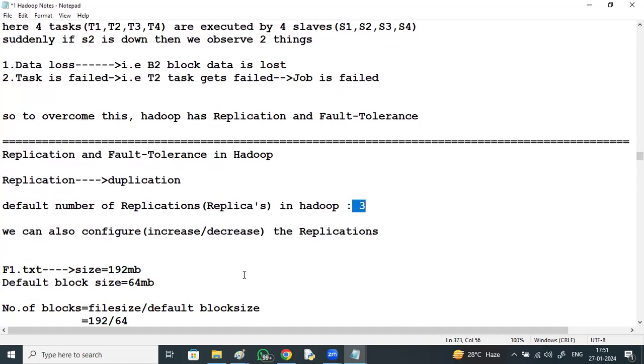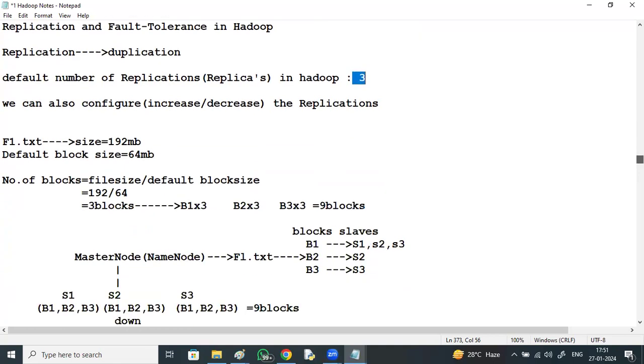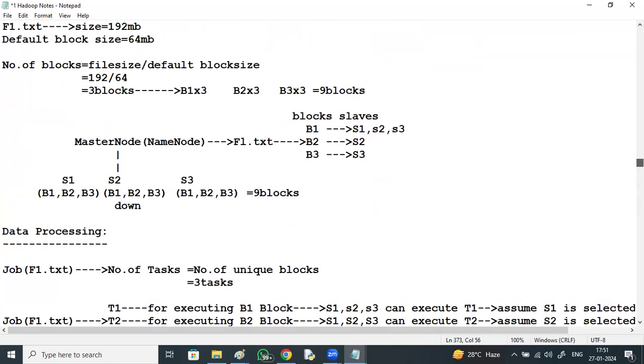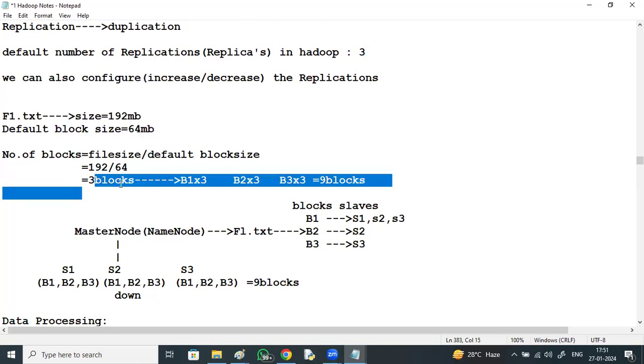Here, f1.txt is 192 MB, the default block size is 64 MB, so the number of blocks is 192 by 64, which is 3 blocks.